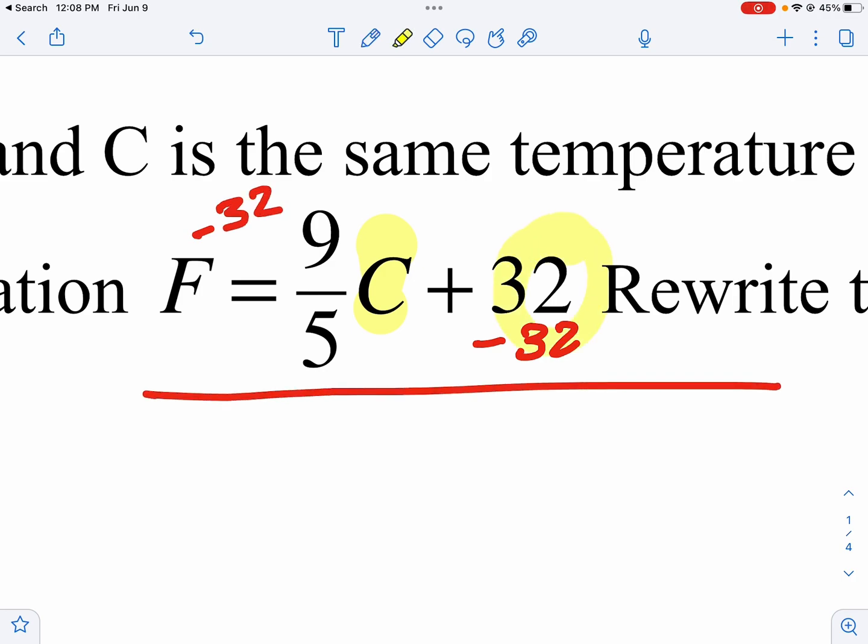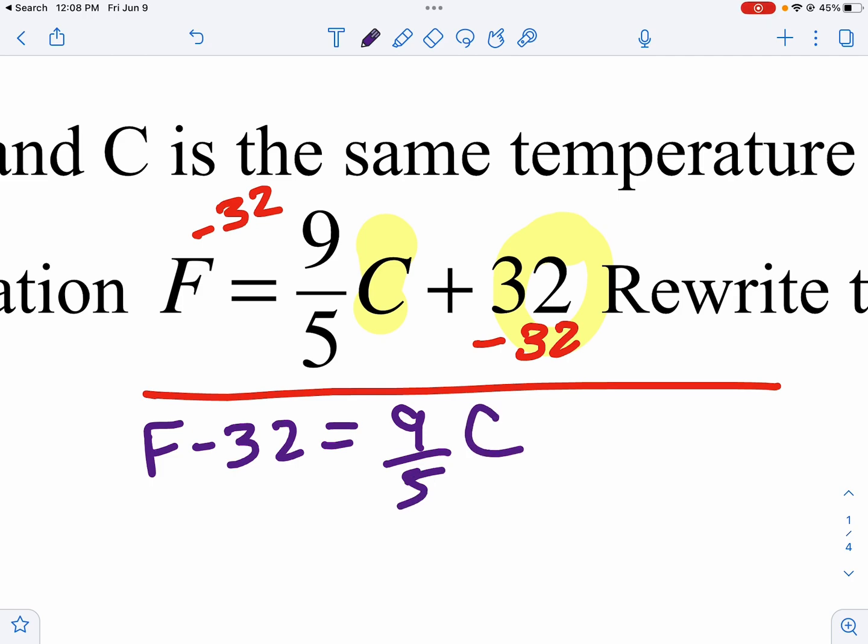On the left side, my 32's cancel, so I get F minus 32 on the left equals 9 over 5 times C. The opposite of dividing is multiplying, so we multiply both sides by 5.